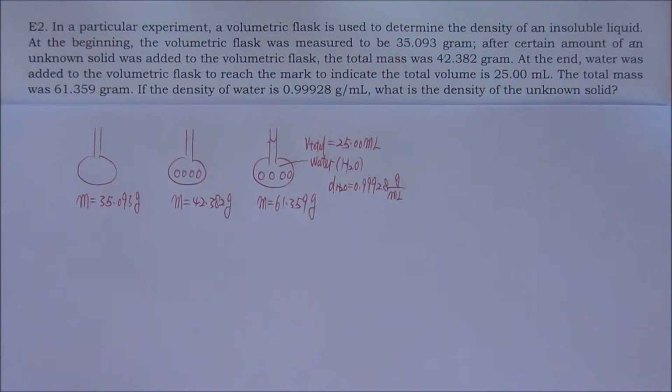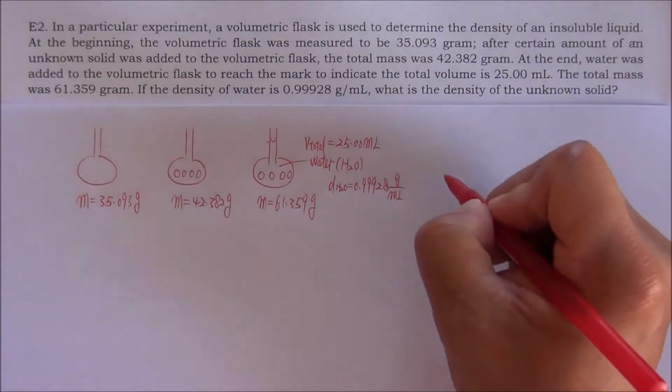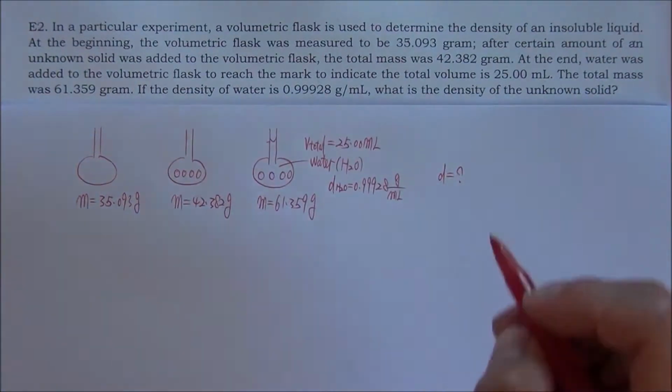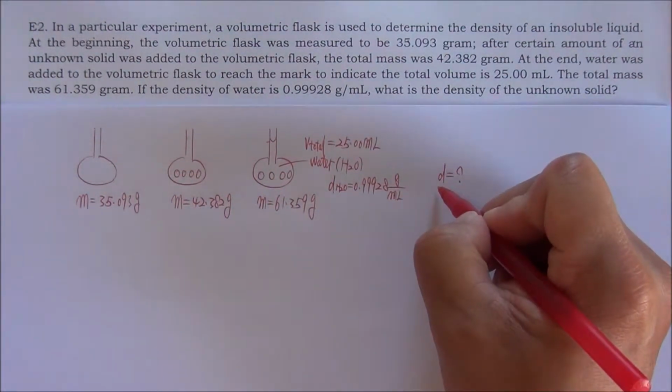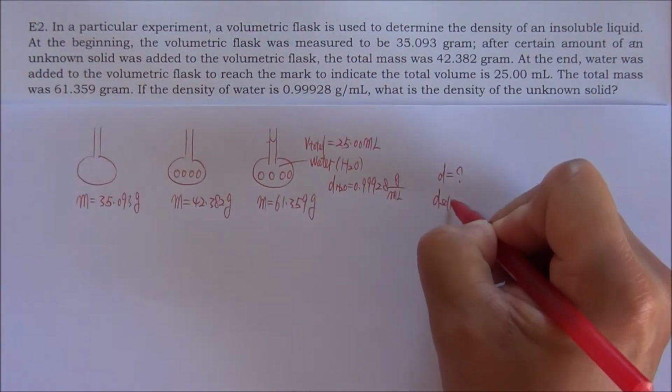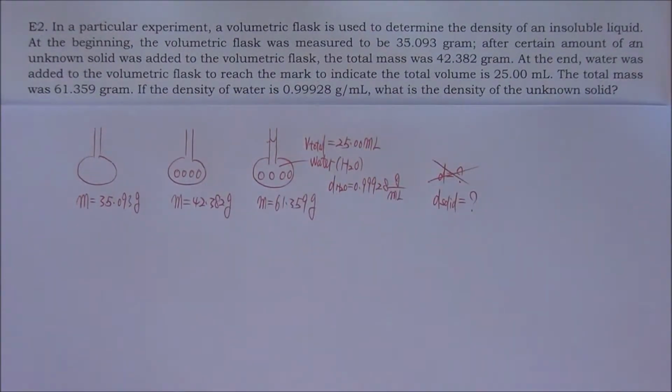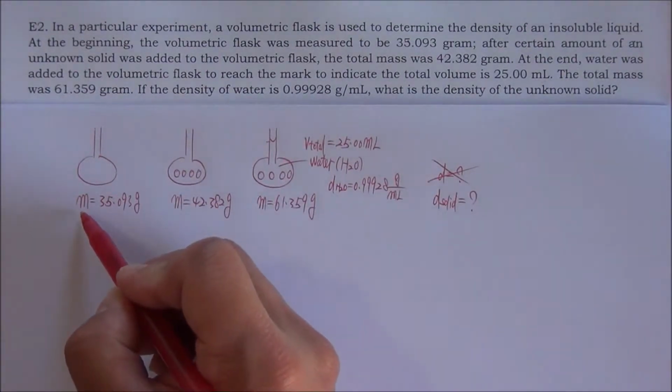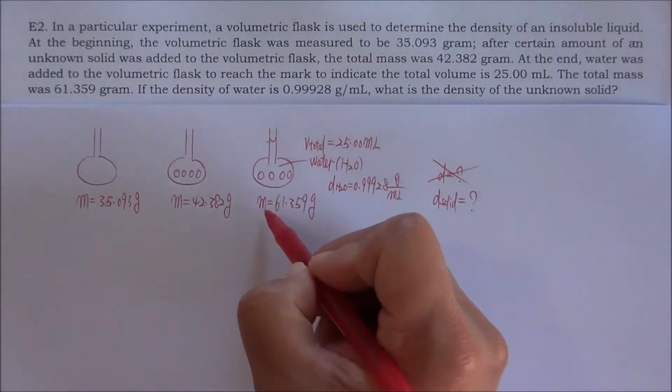Then we need to write down what we are looking for, the density of the unknown solid. Or I suggest you write down density of the solid, because we have 2 different densities. Well, since we have 3 different masses, we'd better give them different symbols. Let's call them M1, M2, and M3.